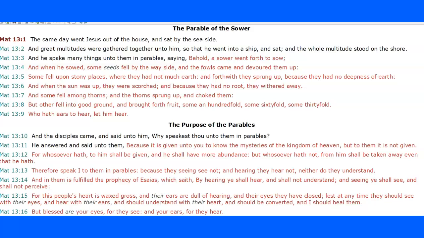And he said, Therefore I speak to them in parables, because they see not, and hearing they hear not, neither do they understand. And in them is fulfilled the prophecy of Isaiah, which saith, By hearing you shall hear, and shall not understand. And seeing you shall see, and shall not perceive.